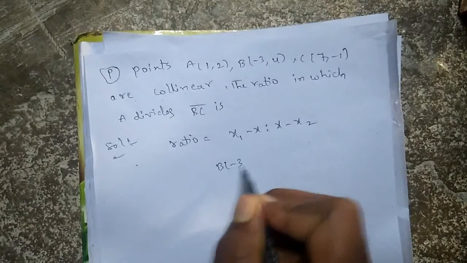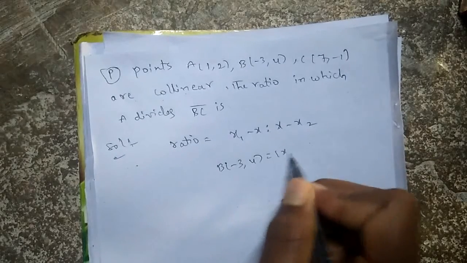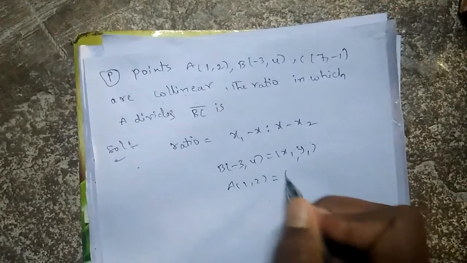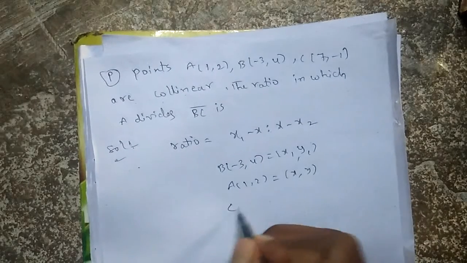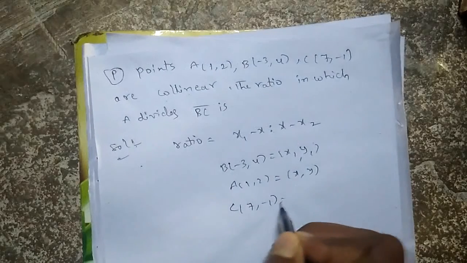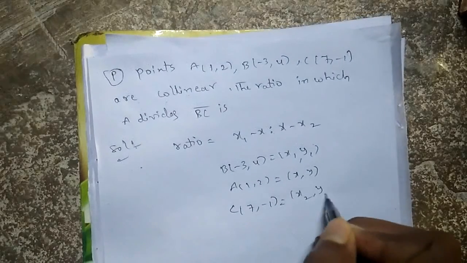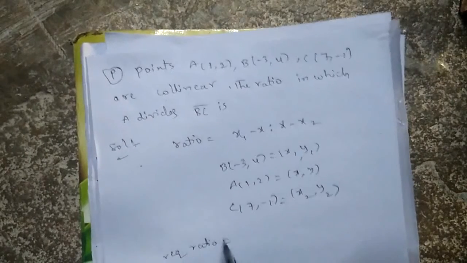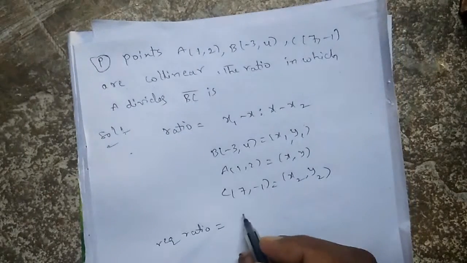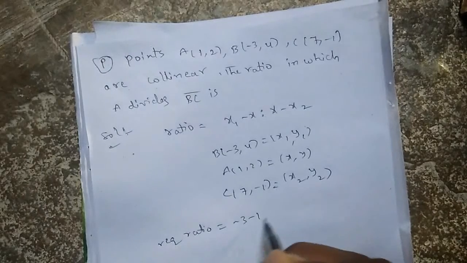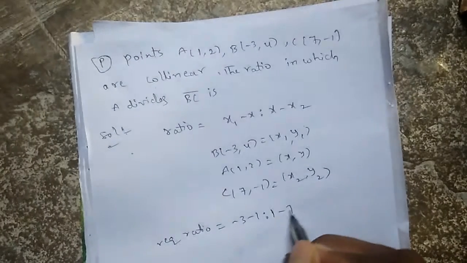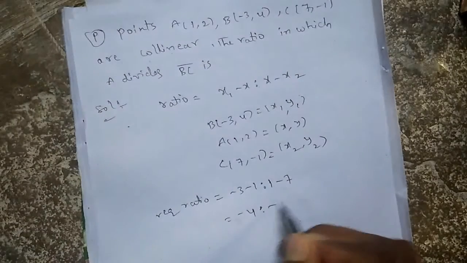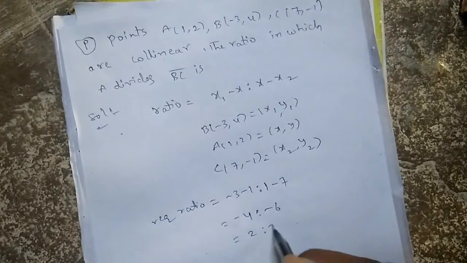Here B (minus 3, 4) is (x1, y1), and A (1, 2) is (x, y). C (7, minus 1) is (x2, y2). Now the required ratio is (x1 minus x), that is minus 3 minus 1, is to 1 minus 7, that is minus 4 is to minus 6, that is 2 is to 3.